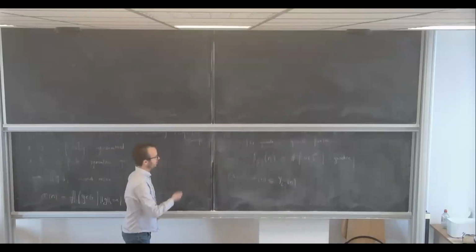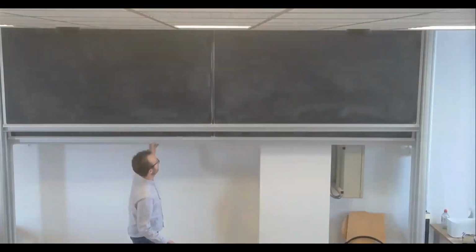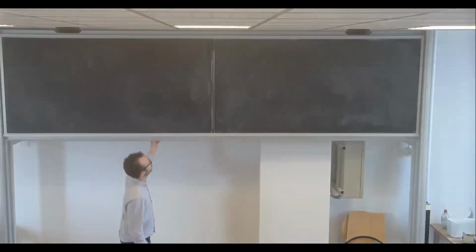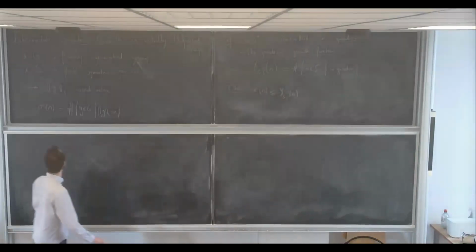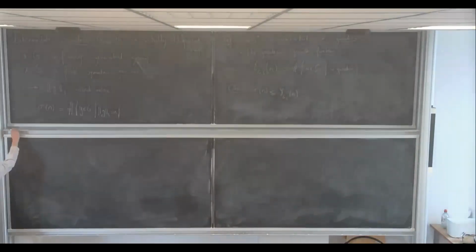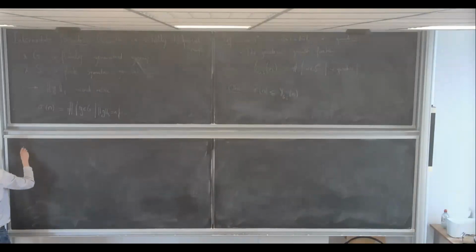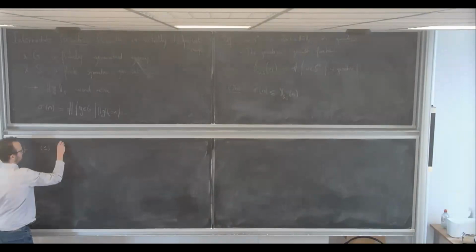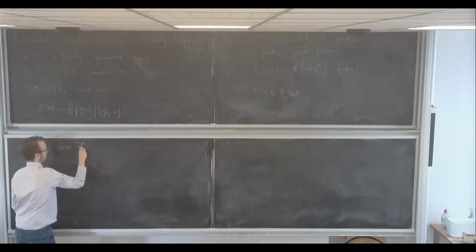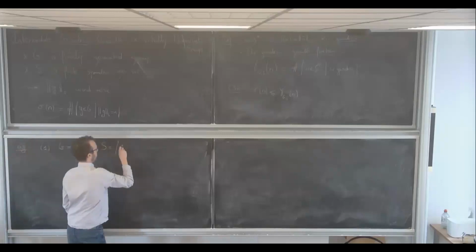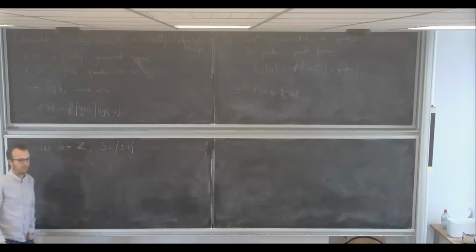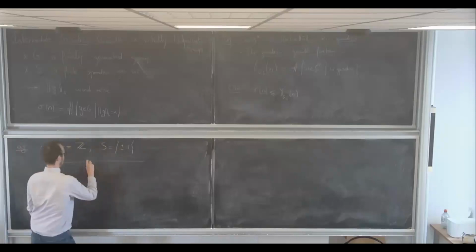So maybe some examples of geodesic growth functions for groups. Let's start with something easy. What happens if you take G to be just the infinite cyclic group, and you take as generating set just the usual one? The Cayley graph is really simple, as you probably know.